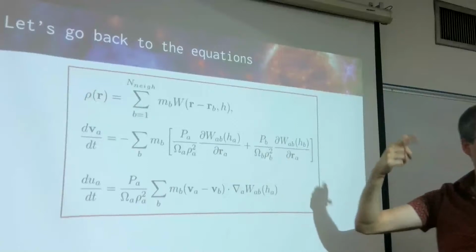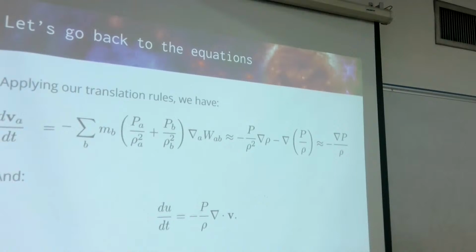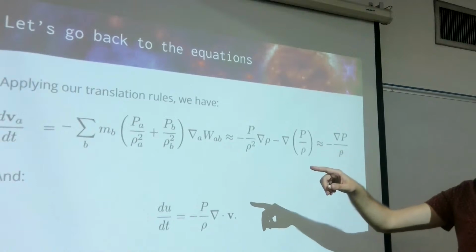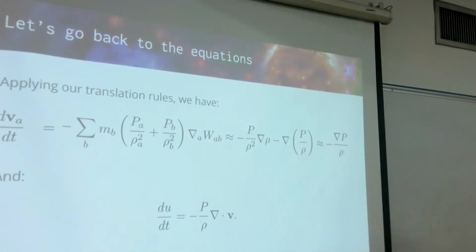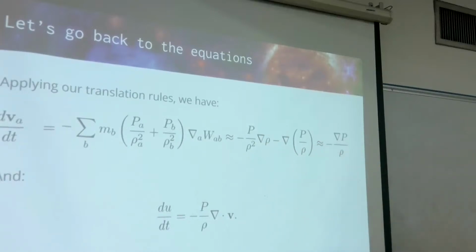So if I use my translation rules, what is this? That should be something like, that should be gradient of P over rho squared. I've dropped a few terms just to simplify it, but the same thing because otherwise it doesn't fit. So what I get is something like that, which tells me this is minus grad P over rho, which is what I wanted.